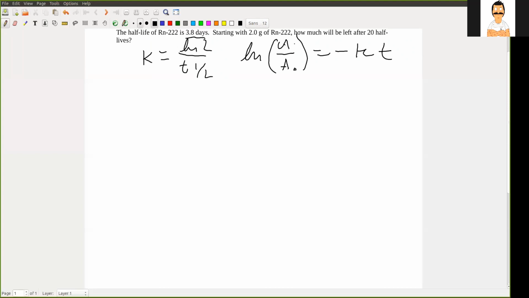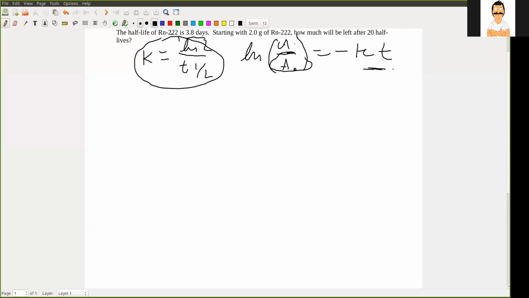And T would be how much time is 20 half-lives, which is 72 days. You would take your constant that you solved for here and plug both of those in, and then you would add the natural log of the original, which you could take to be 2 grams.